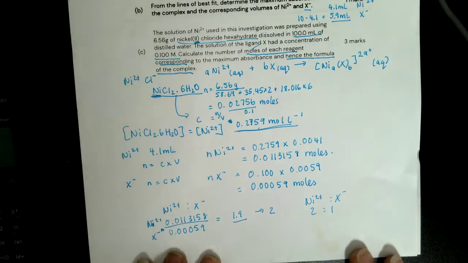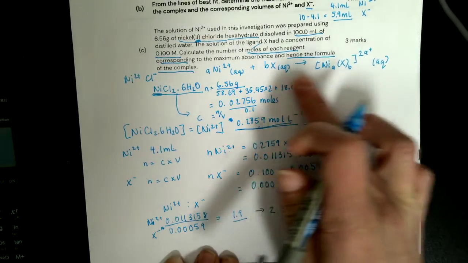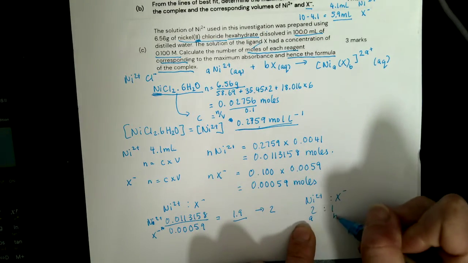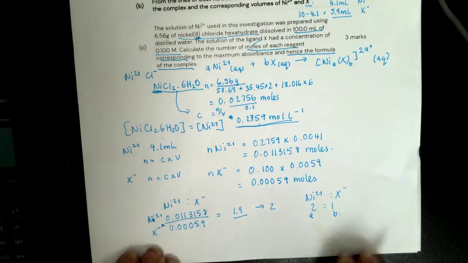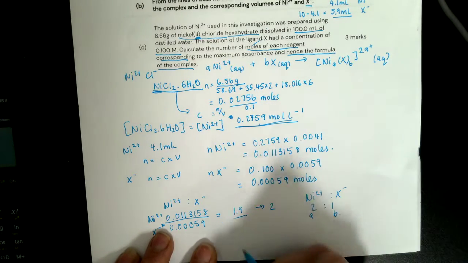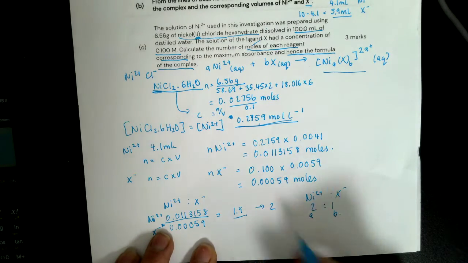That means if I substitute these values, this becomes our A, this becomes our B. Now I'm going to rewrite it into this formula, so you can straight away see what the formula of the complex will be.